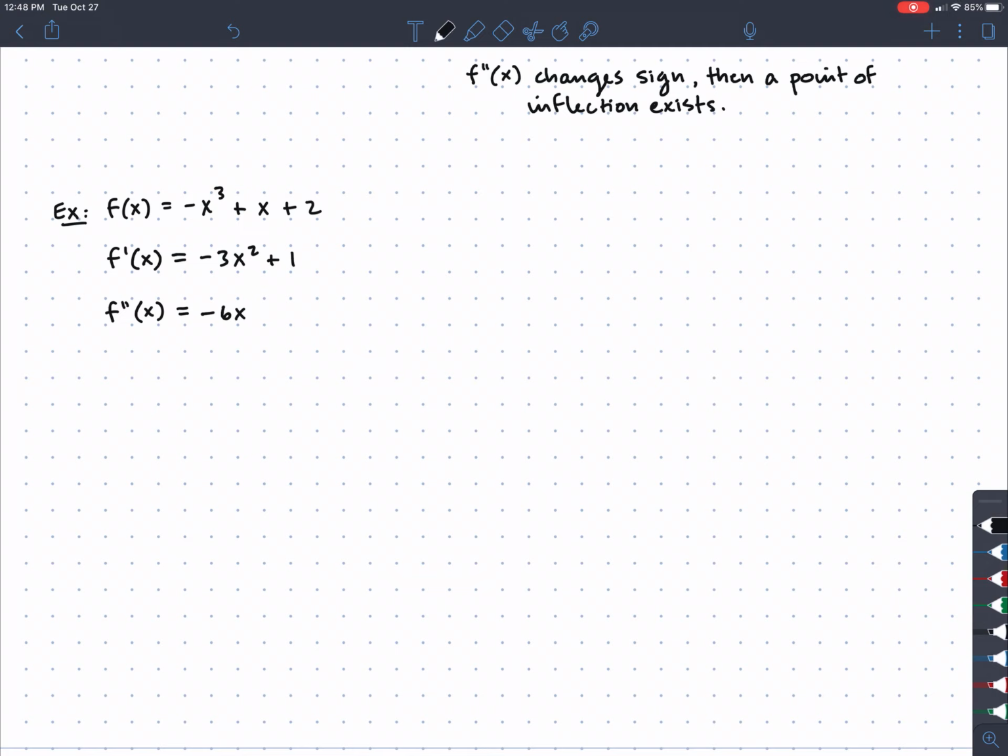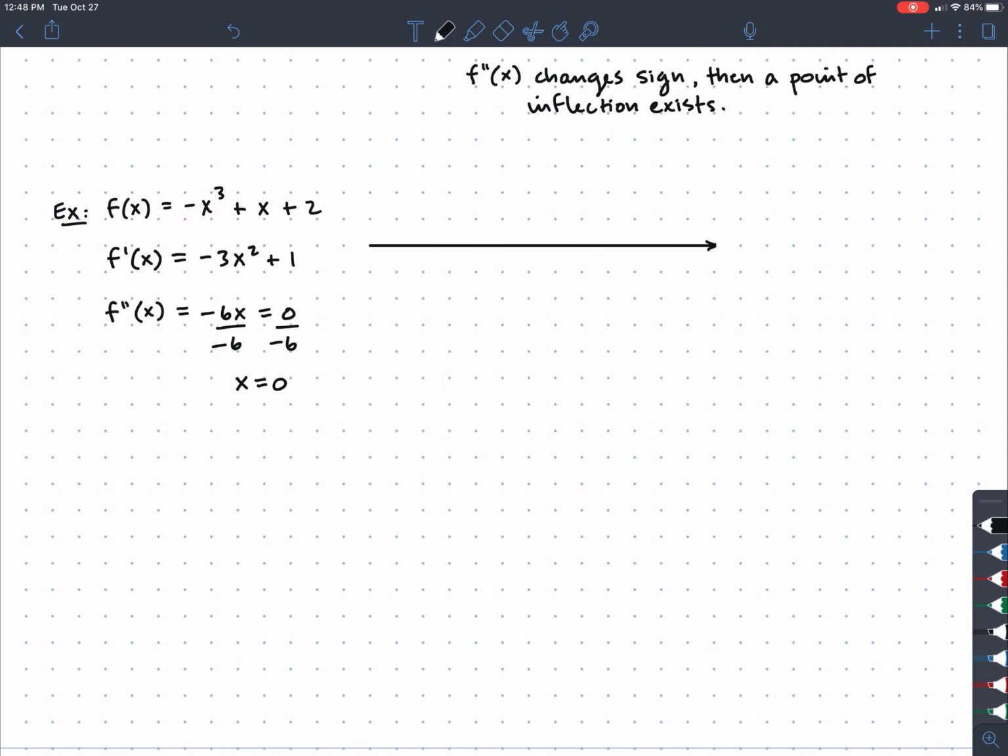Same as what we did with the first derivative test, we're going to do a similar process with the second derivative test. We're going to find those critical points or where the derivative is equal to 0. So setting this equal to 0 and solving, we get x equals 0 as our critical point.